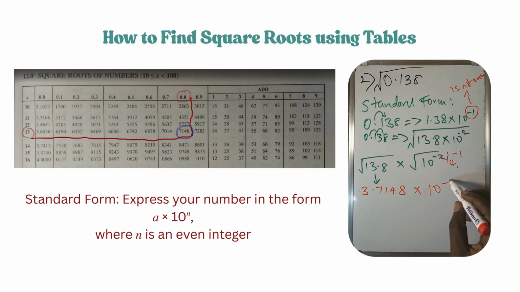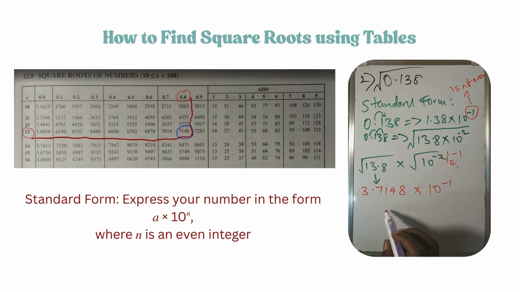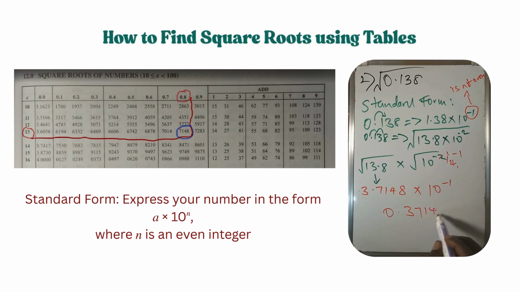So here we'll have 10 raised to negative 1. When you multiply these, since this is a negative exponent, we'll shift the decimal point to the left. That means we'll have 0.37148.